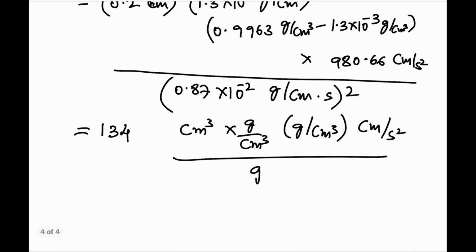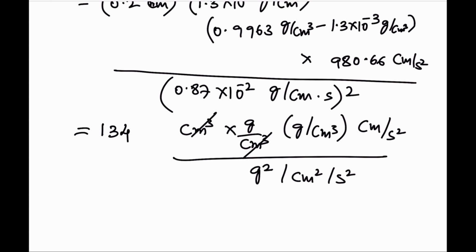Here the centimeter cube cancels, the gram per centimeter cube terms cancel, and the gram becomes gram square, which cancels as well.